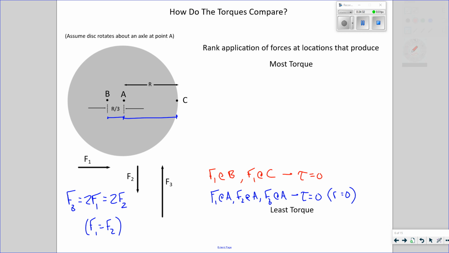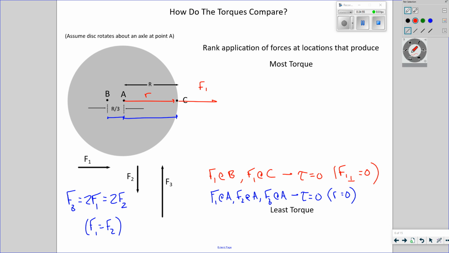Because if we put, let's say, F1 here, and here's an R to F1, well, there is no component of F1 that's perpendicular to R. So I'll say F1 perp is 0. So there's 5 of our 9 combos that produce no torque at all.